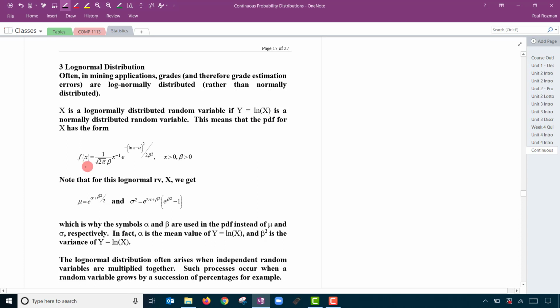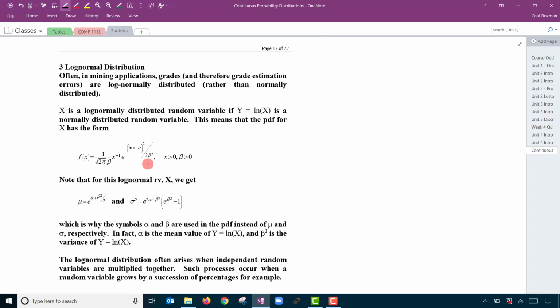So our function from the normal distribution basically still applies. We're just replacing x with the natural log of x. We'll replace mu with the mean of the transformed data, and we'll replace the standard deviation with beta. That's the standard deviation of the transformed variable.